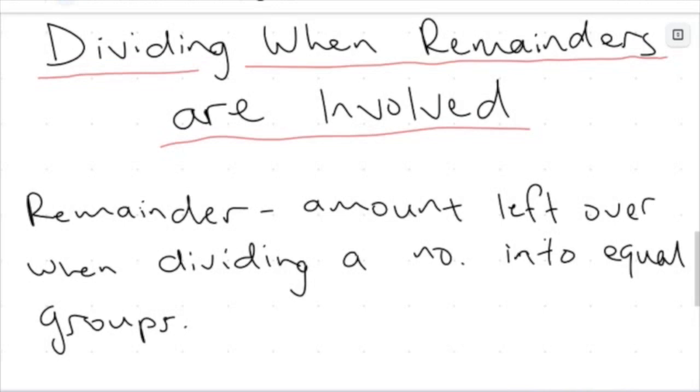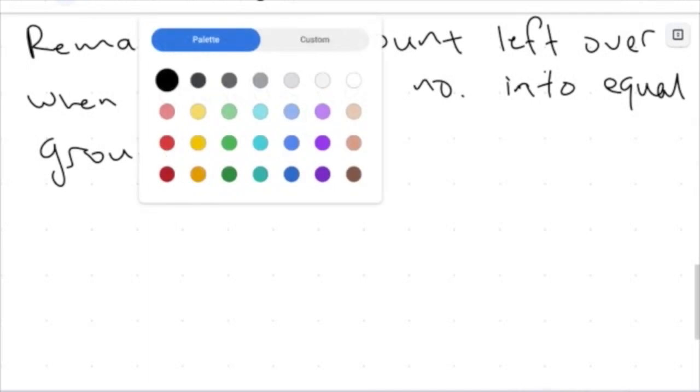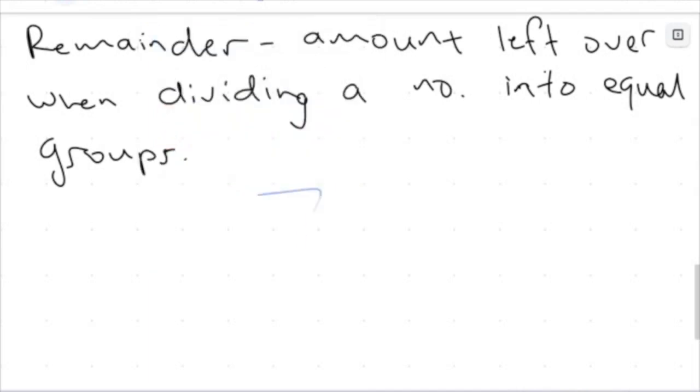So when we come across this, we still have to consider the equal groups that we have, but we also have to think about how much is left over after we've split this up equally. So I'm going to give you an example here. What is 7 divided by 2?